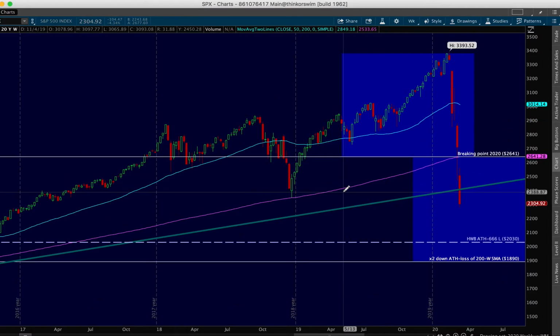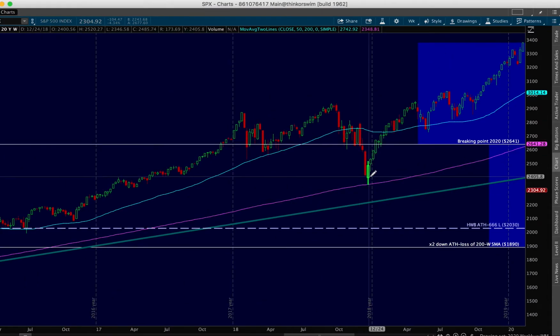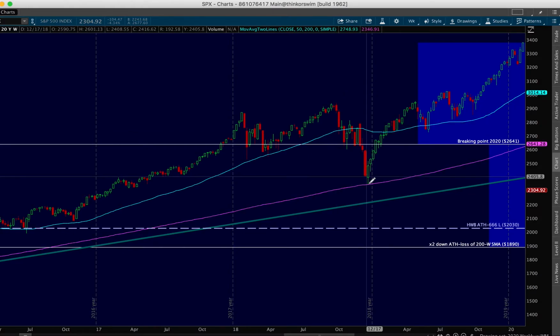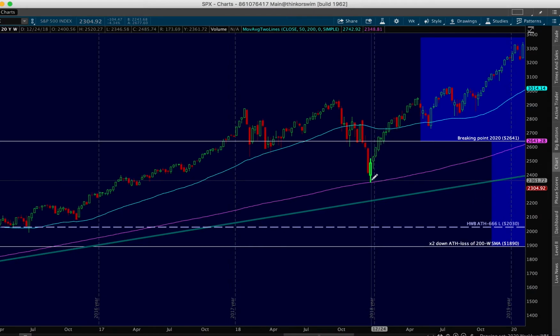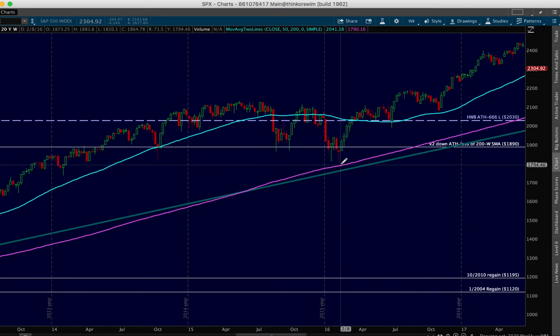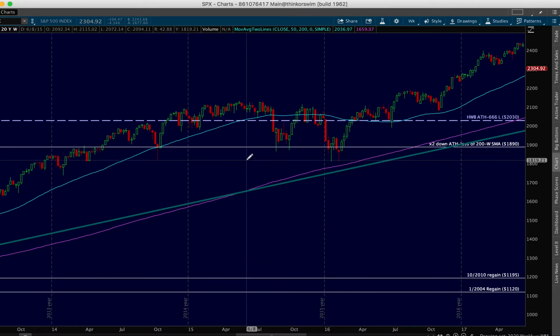And when we look back in the past, you can see this sell-off that happened at the end of 2018 that we thought was like the worst thing that we had been through in a long time. You can see this was driven right to the 200-week SMA, and we bounced off of it. And when you look back in time a little further, here was that sell-off at the beginning of 2016, the Jamie Dimon bottom. That didn't even quite touch the 200-week SMA, and we bounced off of that.